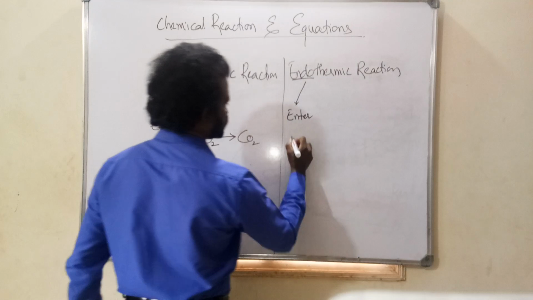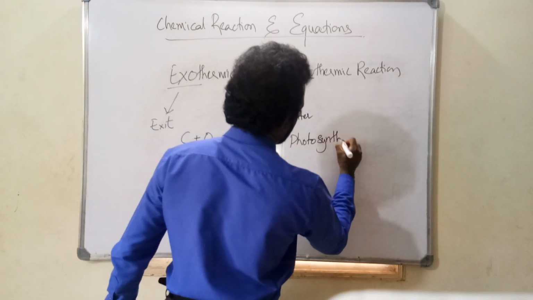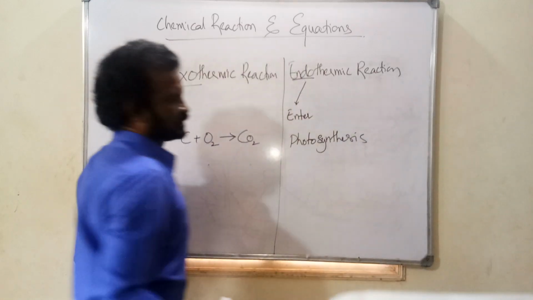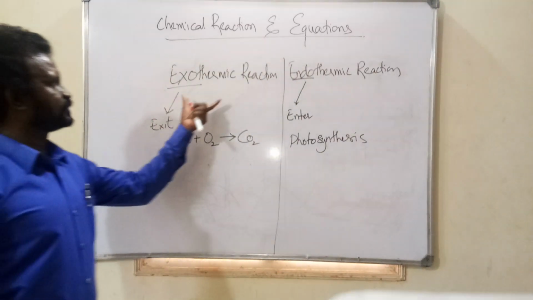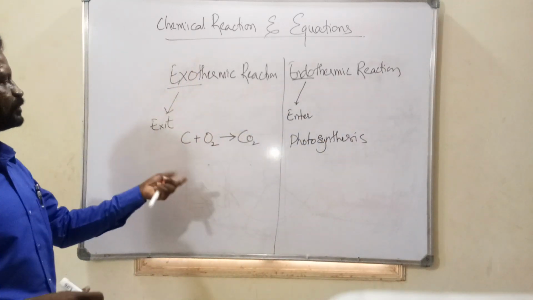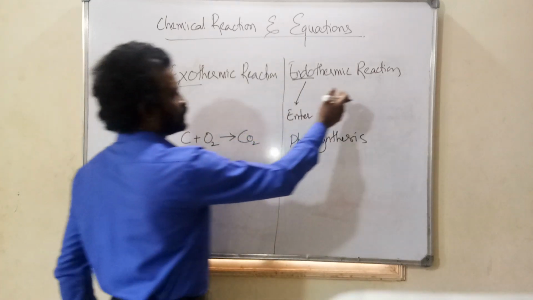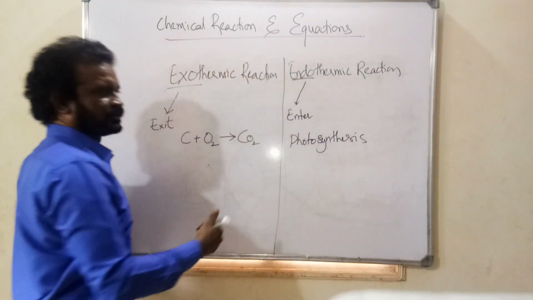Example, photosynthesis. Is it clear? So you know the difference between exothermic and endothermic reactions. Exo means exit, that means the heat is given off to the surroundings. In an endothermic reaction, the heat is taken from the surroundings.